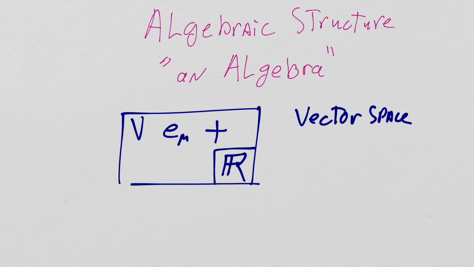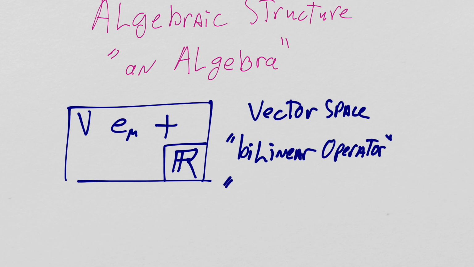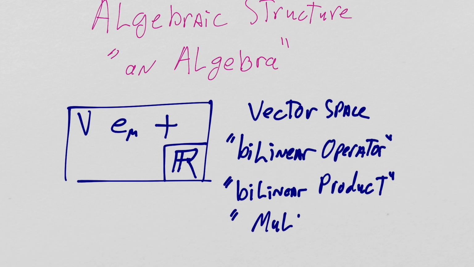So to make it an algebra, we have to add a bilinear operator. And a bilinear operator is often called a bilinear product, right? And it's often referred to as just multiplication.